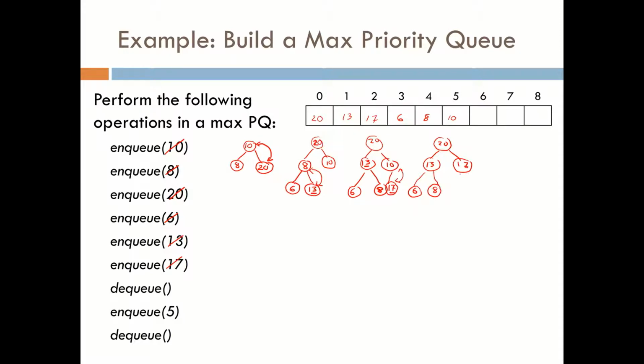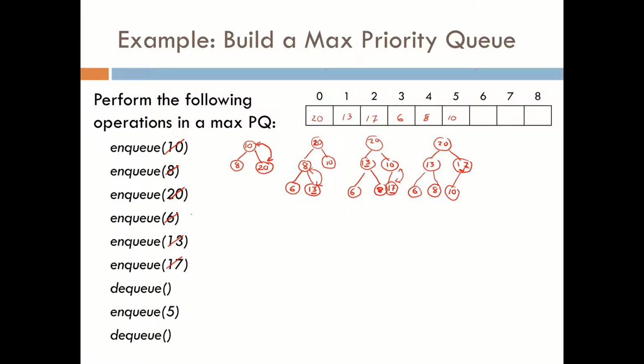And finally, it is now the 10 here. Okay, so this is our 17. And we're continuing to heap this node up until it's either at the root or it no longer violates the heap order property. It does not violate. It is not greater than or equal to 20 at this point. So we're able to terminate.